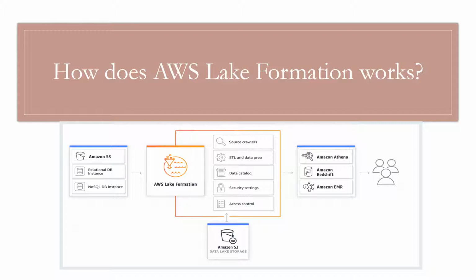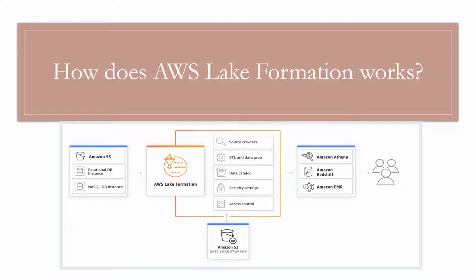After my brief introduction about Lake Formation, let's see how it works. Here is the diagram of this process. First, identify existing data stored in S3 or relational and NoSQL databases and move the data into a data lake. Then, crawl, catalog, and prepare the data for analytics.